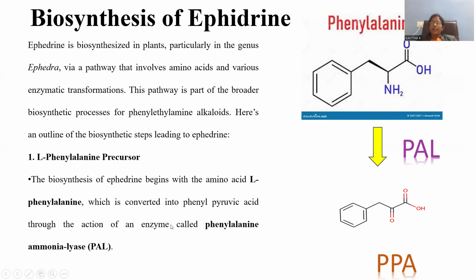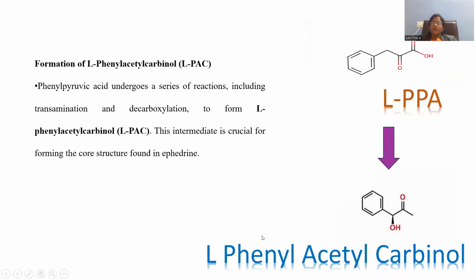Let me repeat, phenylalanine ammonia lyase. This is an enzyme which transforms phenylalanine into phenyl pyruvic acid. So this is step number 1 in the biosynthesis process.